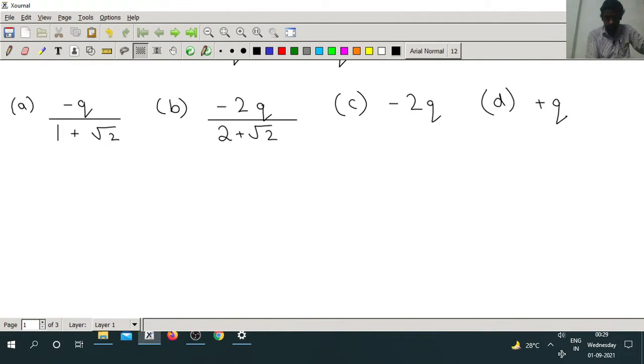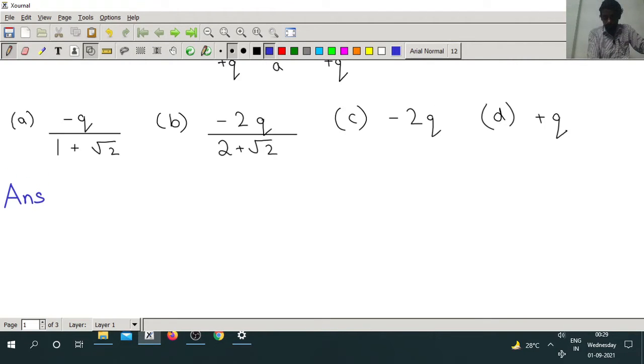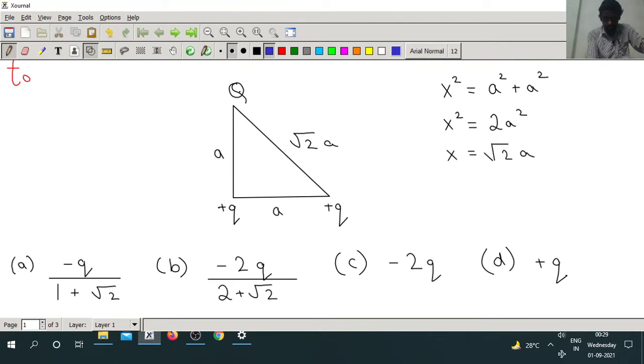Potential energy is always defined for a pair of charges. So the potential energy will be between the two small q, and between capital Q and small q, and between the other capital Q and small q.